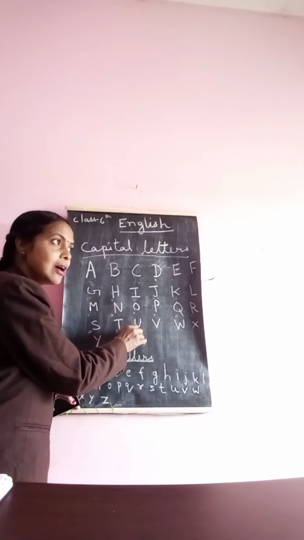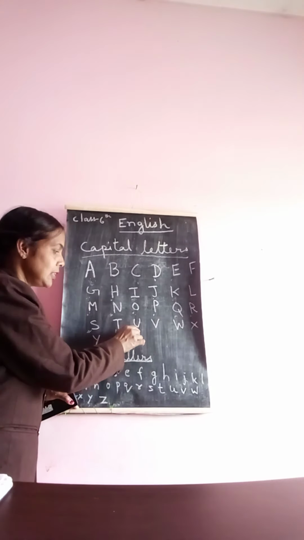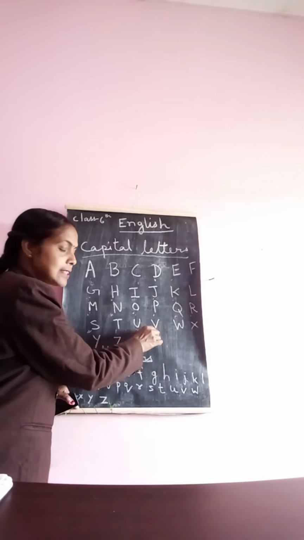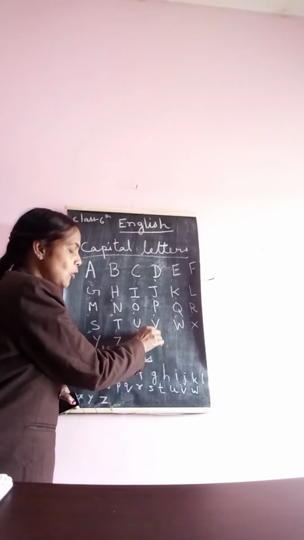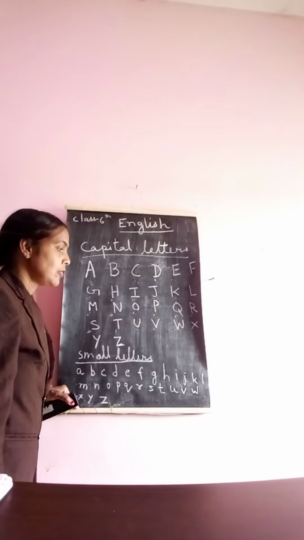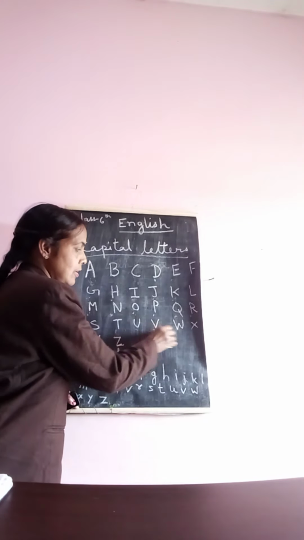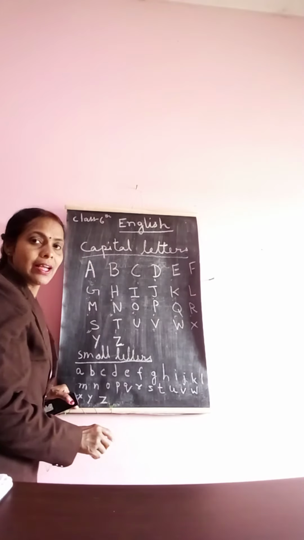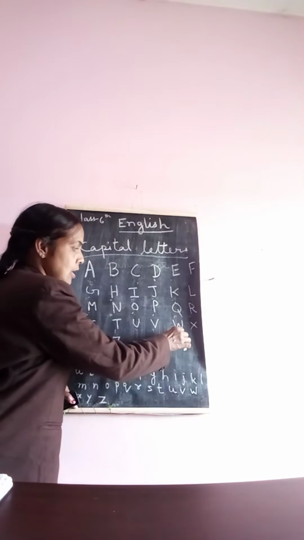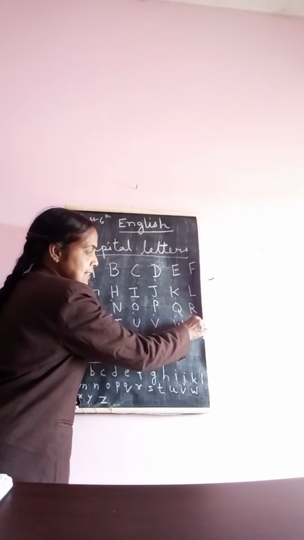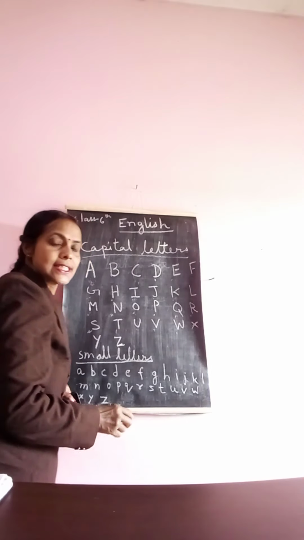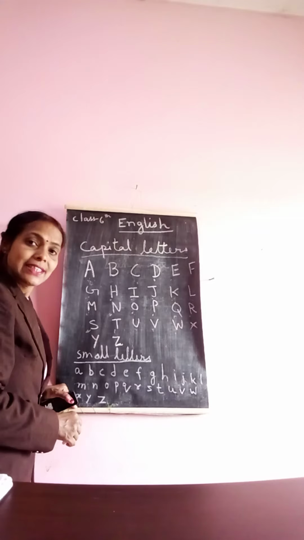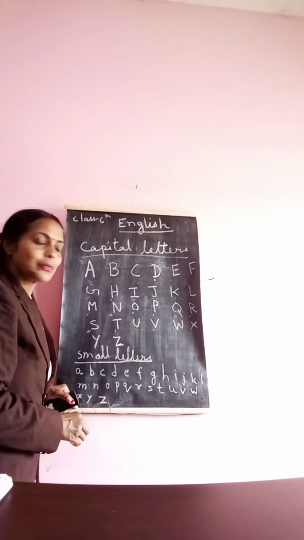This is U. U sound is A. Umbrella, uniform. This is V. V sound is W. Van. This is W. W says w, as in watch. This is X. X says x. X-ray, Xerox, xylophone.